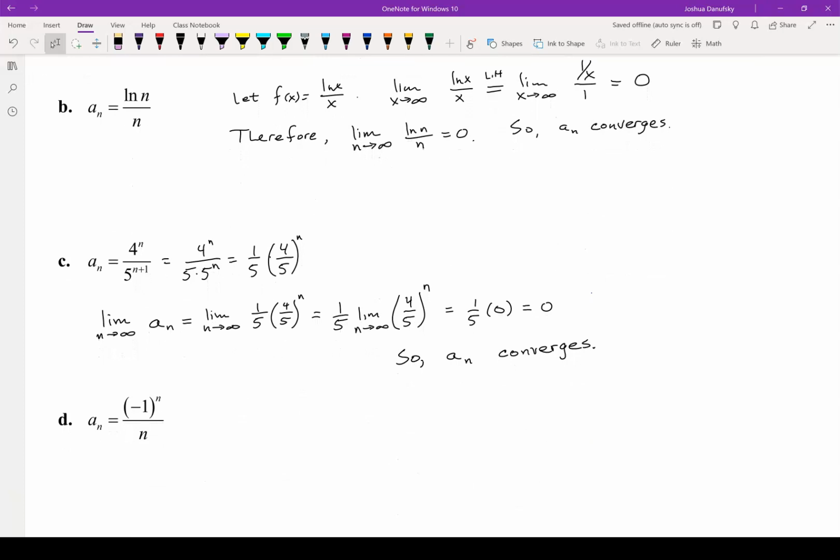Part D, a sub n is equal to -1 to the n over n. Here we have an alternating sequence. The terms of the sequence are -1, +1/2, negative a third, positive a fourth, negative a fifth, etc. So we're going to start off by looking at the limit as n approaches infinity of the absolute value of a sub n.